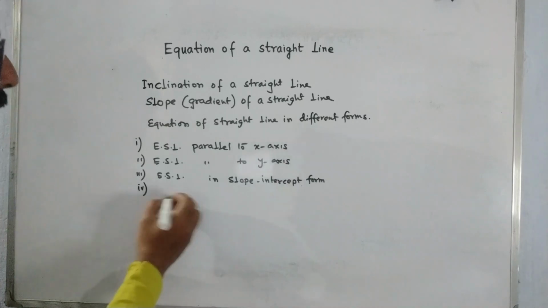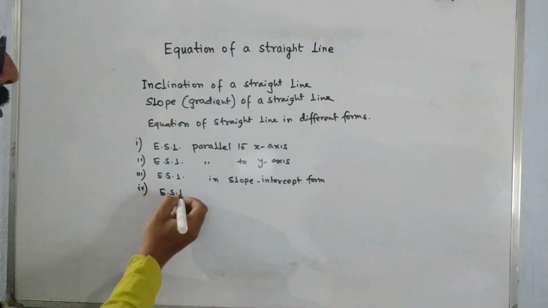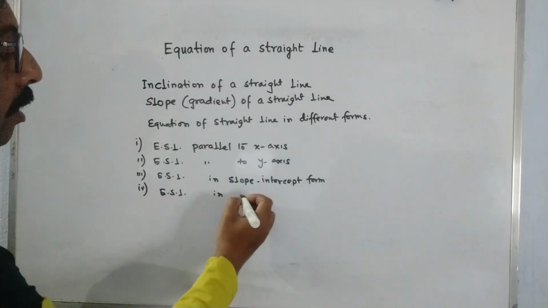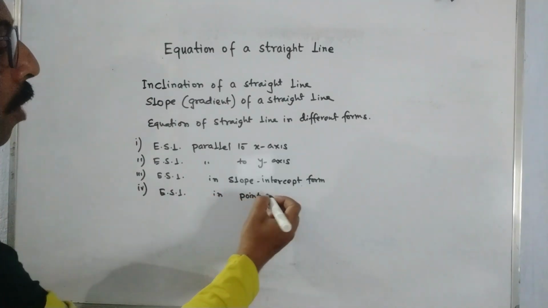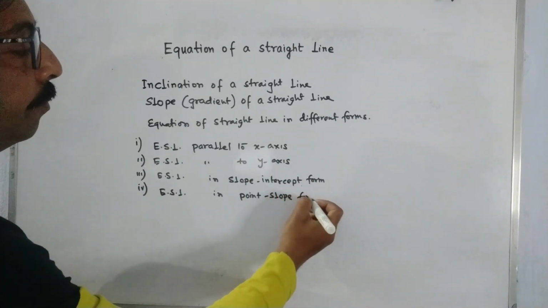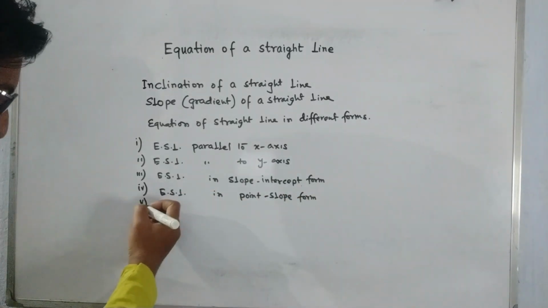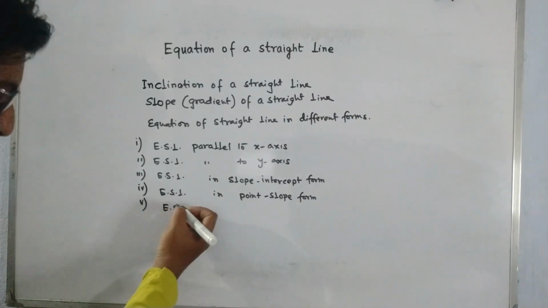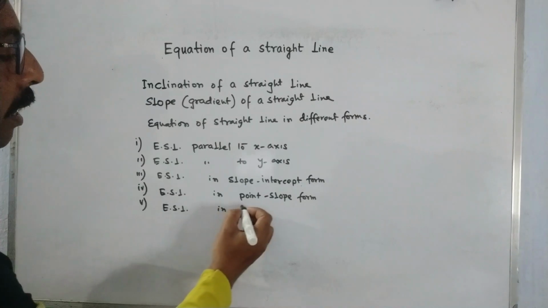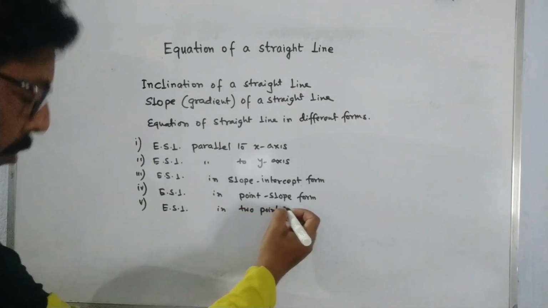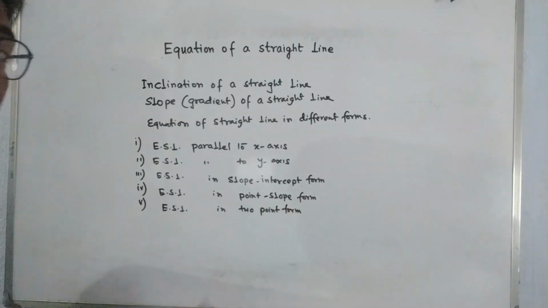Four, equation of straight line in point slope form. And fifth, equation of straight line in two-point form.